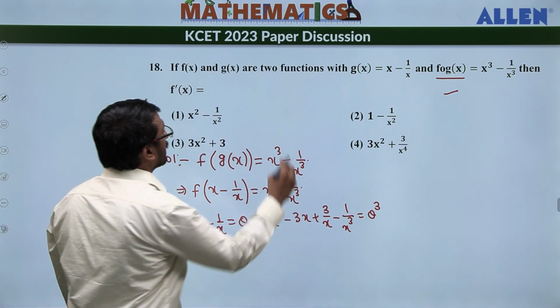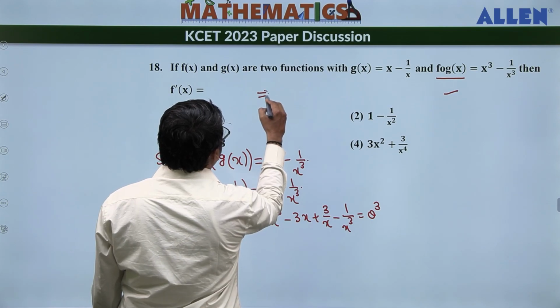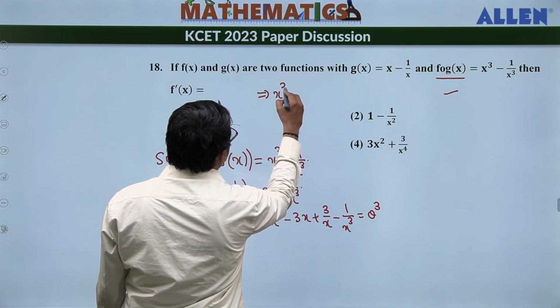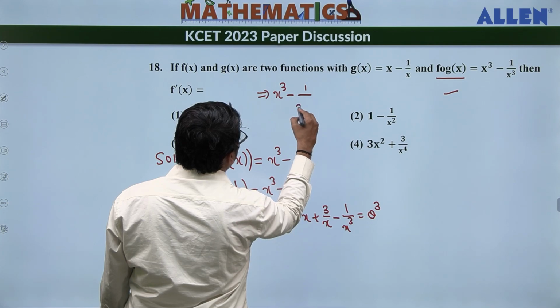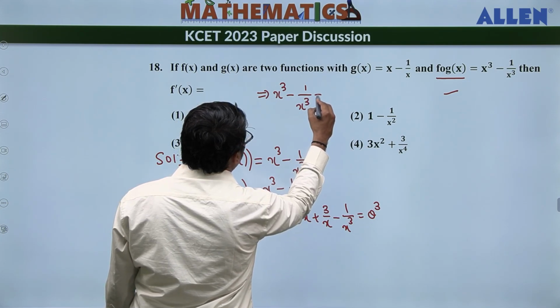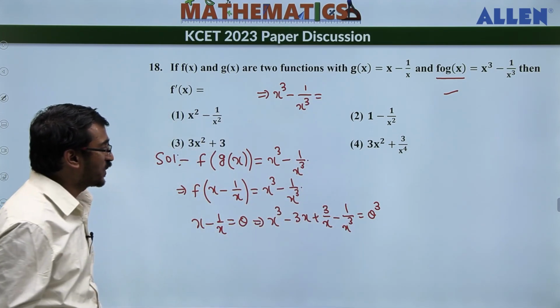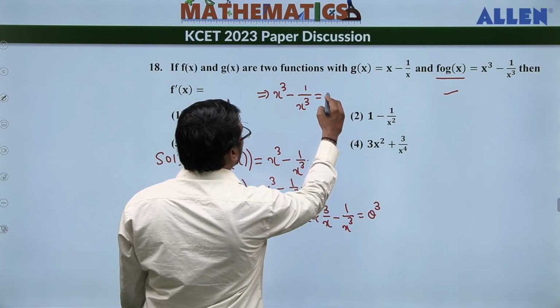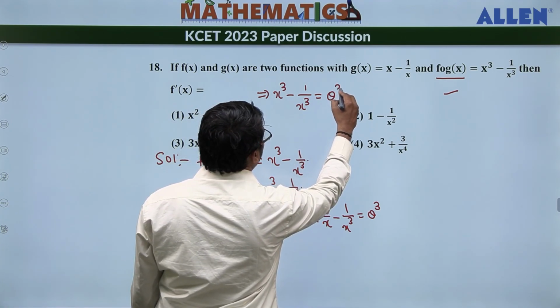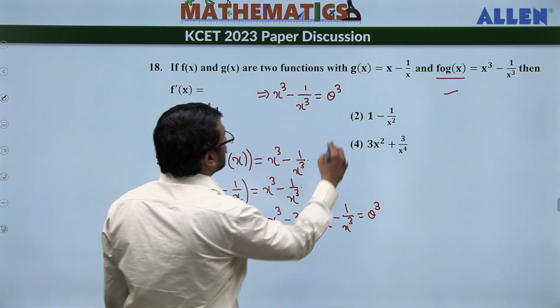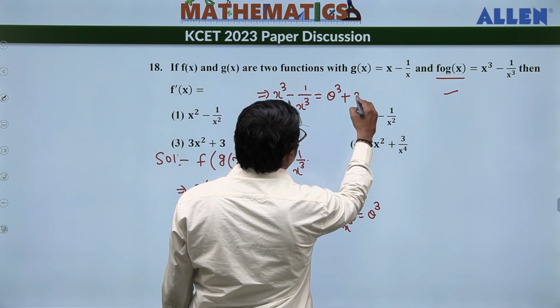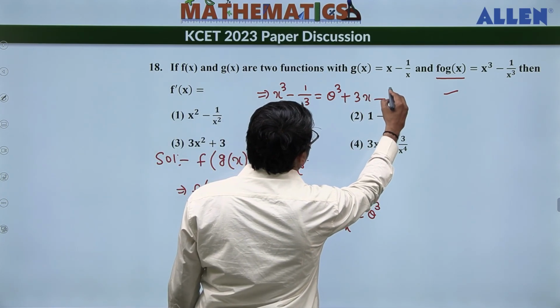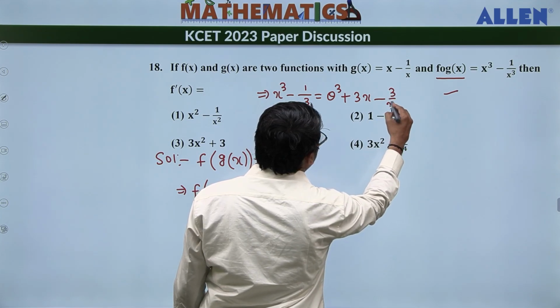So, x cube minus 1 by x cube is theta cube plus 3x minus 3 by x.